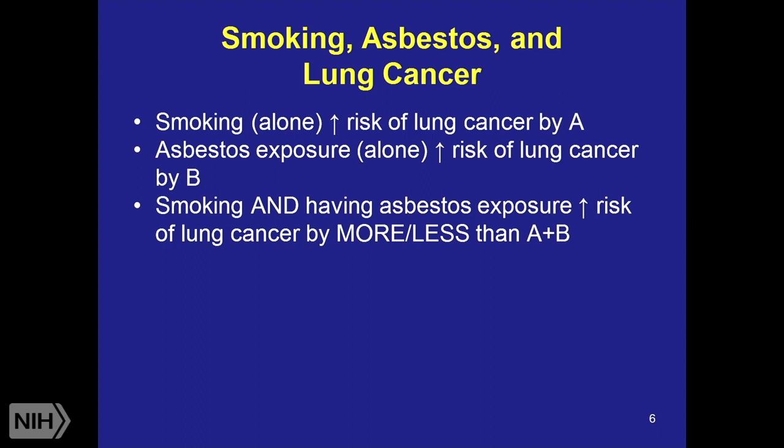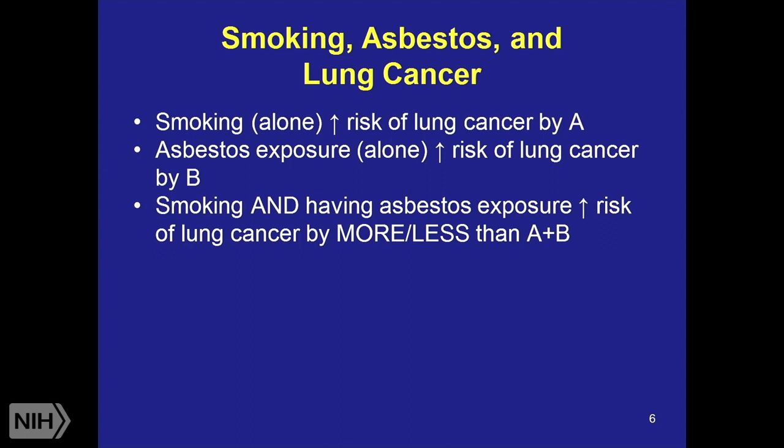So smoking alone increases your risk of lung cancer by a certain amount, we'll say by an amount A. Asbestos exposure alone increases your risk of lung cancer by some amount B. The question that came up was then if you were a smoker and you had asbestos exposure, was your risk of lung cancer A plus B?